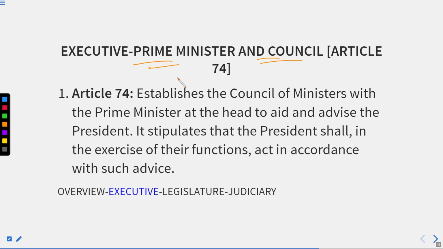So basically we are going to talk about the Prime Minister and the Council of Ministers. So first is the article number 74. Establishes the Council of Ministers with the Prime Minister at the head to aid and advise the President. It stipulated that the President shall, in exercise of their functions, act in accordance with such advice.